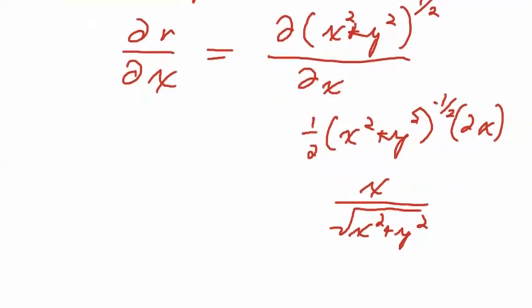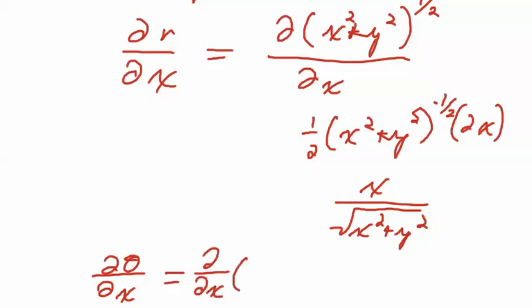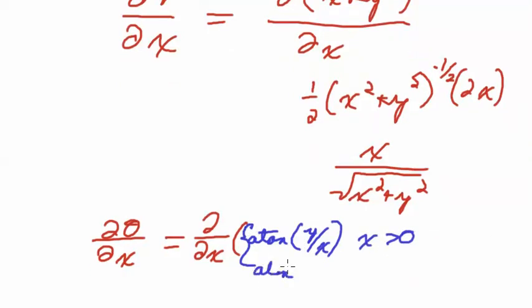On the other hand, as far as del theta del x goes, with that being the derivative with respect to x of arctangent of y over x, when x is greater than 0, and arctangent of y over x plus pi when x is less than 0.